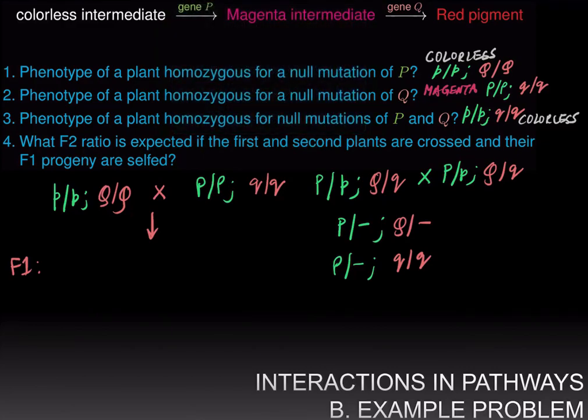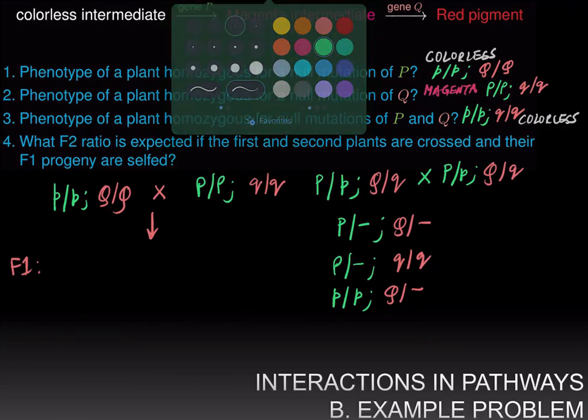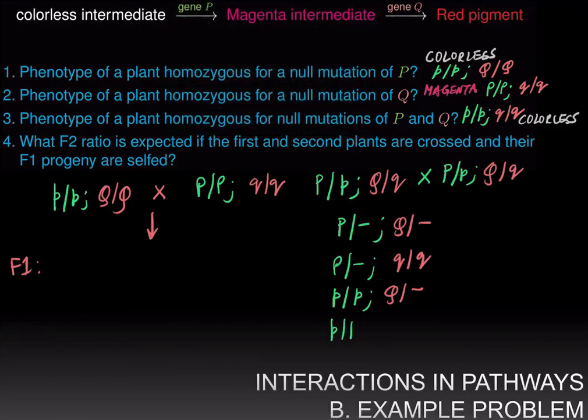We will have little p, and big Q over dash. So the recessive phenotype for the first gene and the dominant phenotype for the second gene. And finally, we will have individuals who are homozygous recessive for both the traits.